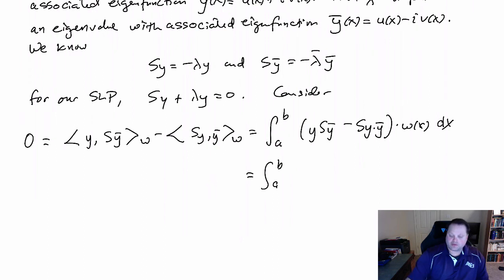Now, I think you can see where this is heading. What if we replace Sy bar with minus lambda bar y bar, and replace Sy with minus lambda y?